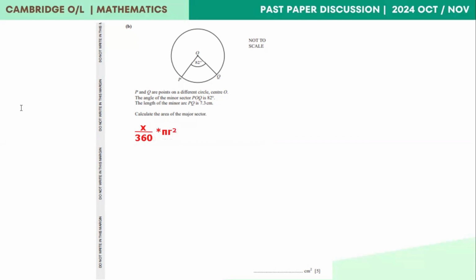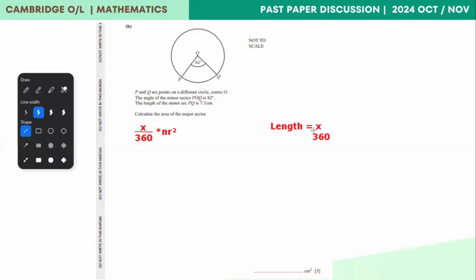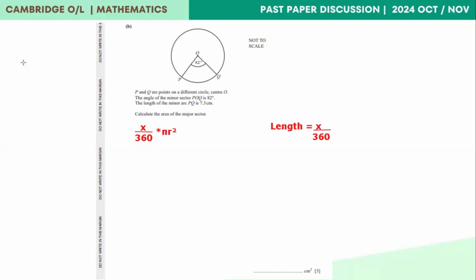So now the problem is this new circle, we do not know the radius. In order to find that radius, they have given us this length of the minor arc. The length of arc formula we know: length equals x over 360 into 2 pi r.